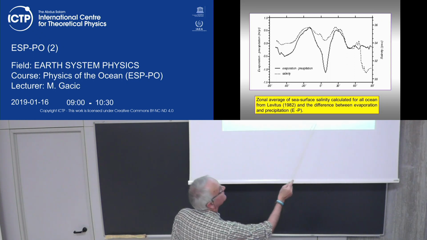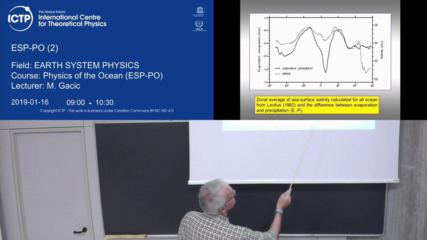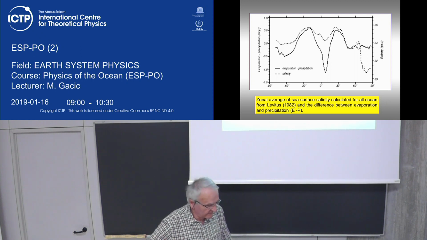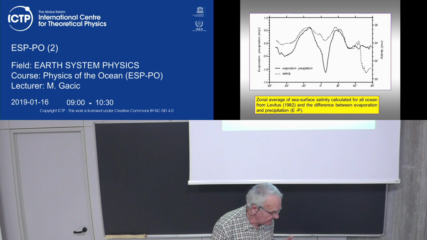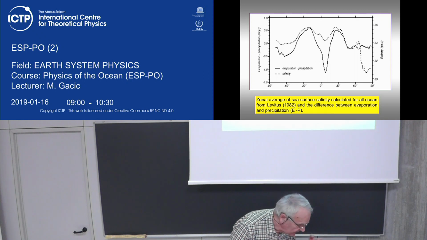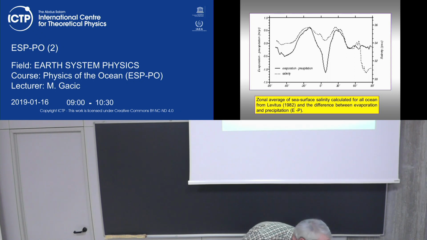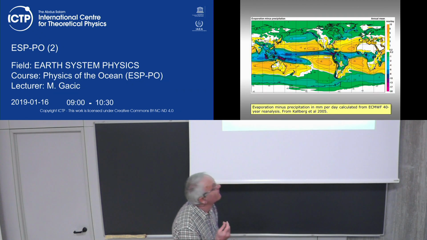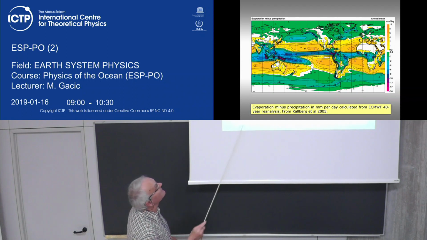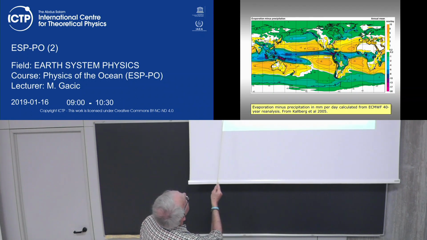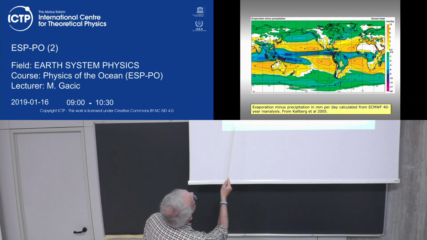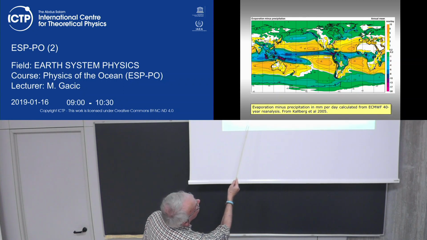So let's see first what is this around 60 degrees north. Around 60 degrees north we have salinity higher than it would be from evaporation minus precipitation. This is 60, more or less.